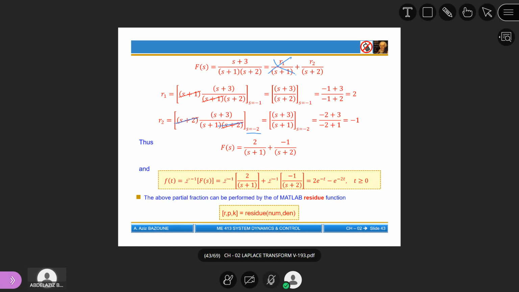See, Shabab, you simplify this pole, and it's the same when you substitute by this. So this will cancel. If they do not cancel, you will have a problem here. Since we are canceling them, this is the way to find it. You substitute, and you end up having S plus 3 over S plus 1. You substitute S equal to minus 2, and you have minus 2 plus 3 over minus 2 plus 1, which is equal to minus 1. And we are done. So now we substitute R1.